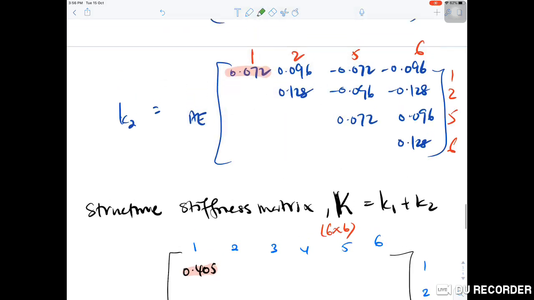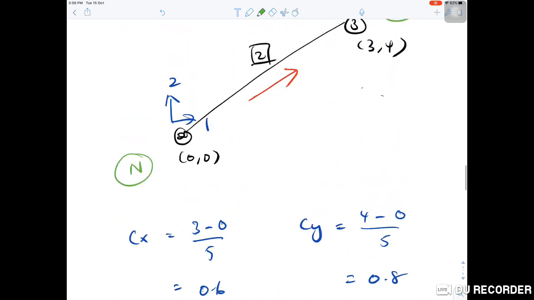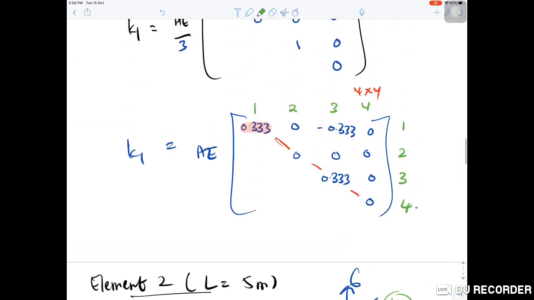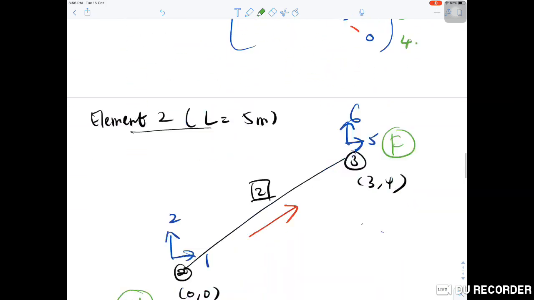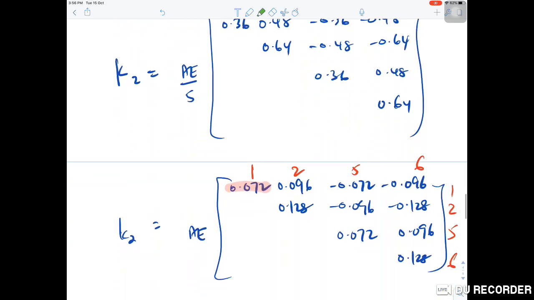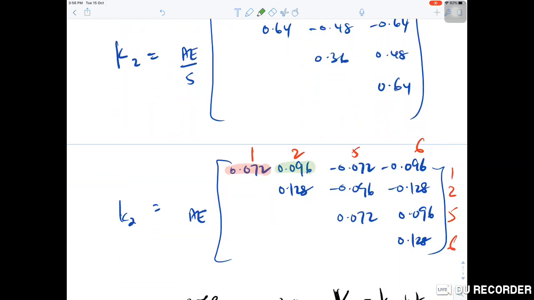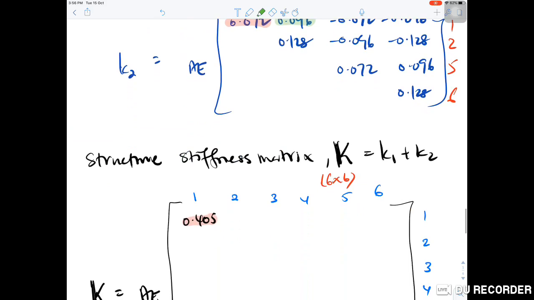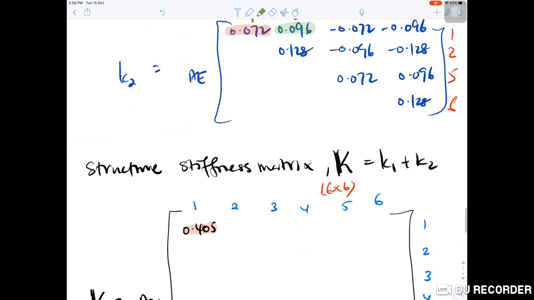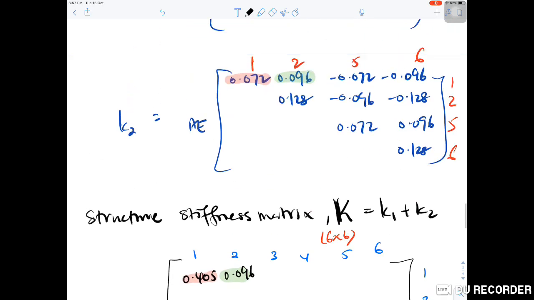For 1, 2, it is 0 plus 0.096, which is equal to 0.096.